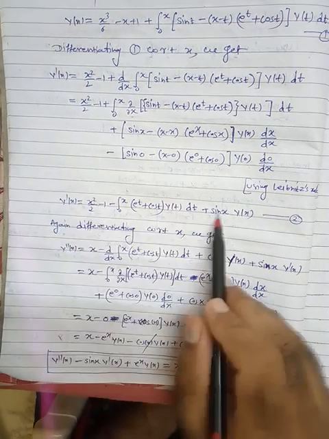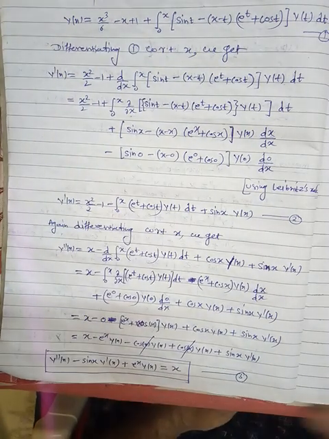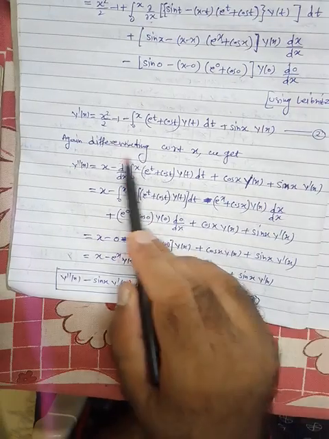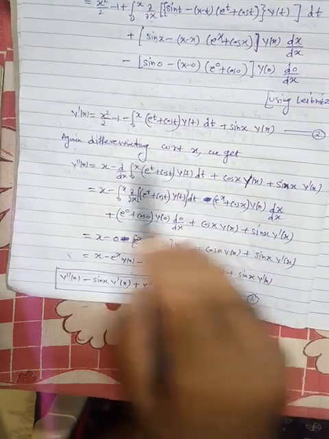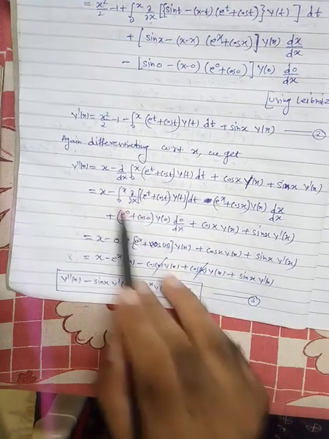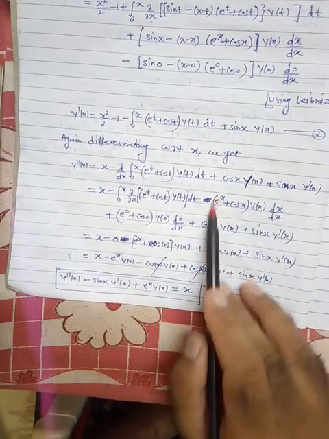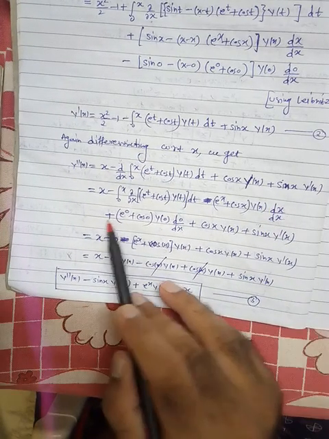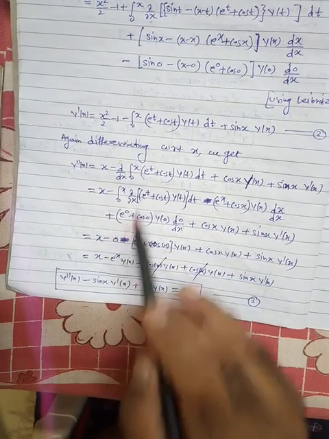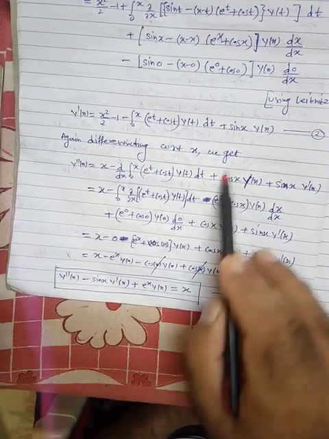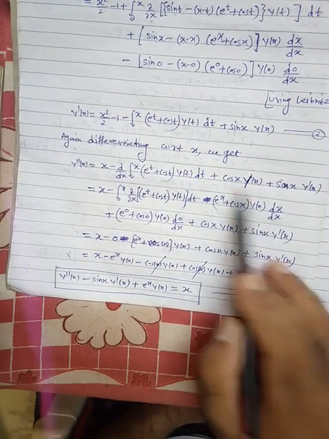So again differentiating, apply the same procedure. So finally we are getting this, and again you have to use the Leibniz rule. This is the Leibniz rule. This partial derivative, then here substitute the upper limit and differentiate the upper limit, minus minus becomes plus, then substitute the lower limit here, this, and then derivative of this term.